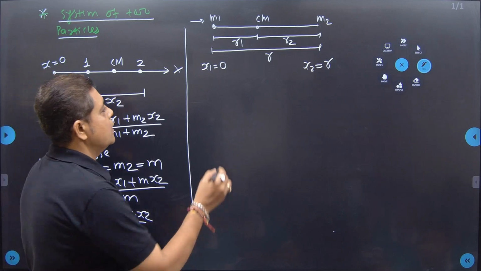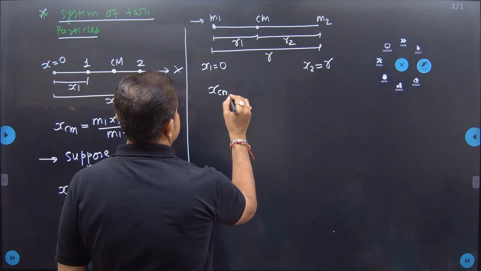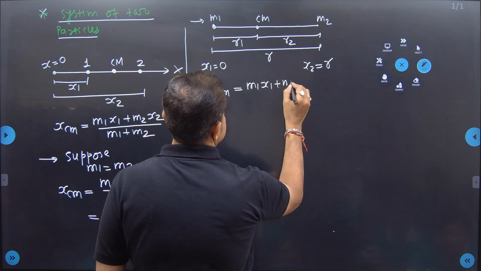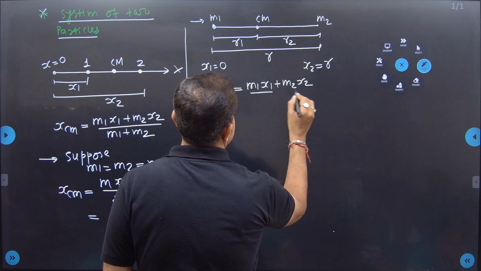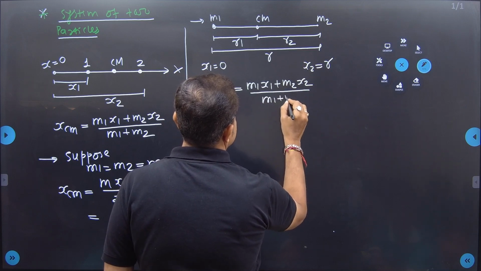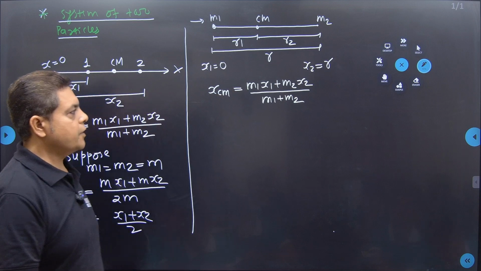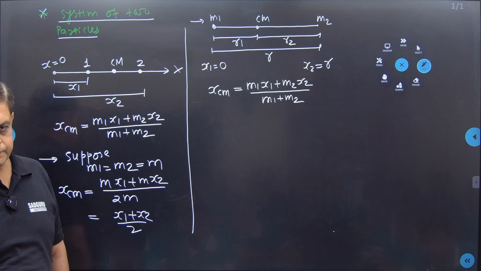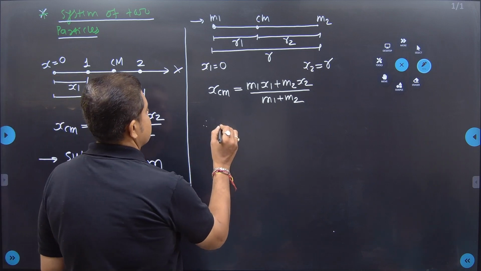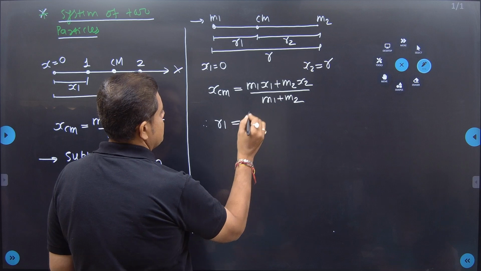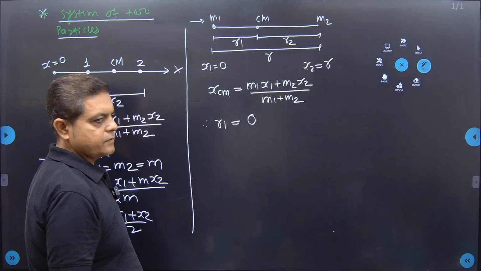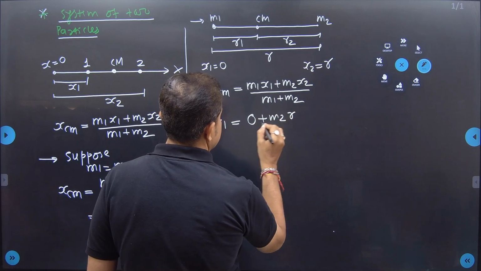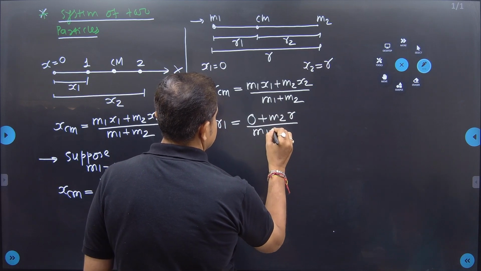Okay, now xcm, the position of the center of mass, is (m1 x1 + m2 x2) upon (m1 + m2). What is the x coordinate of the center of mass? It is r1. So xcm is r1, because x1 is 0, m1 x1 is 0, and m2 x2 is m2 r, upon m1 + m2.